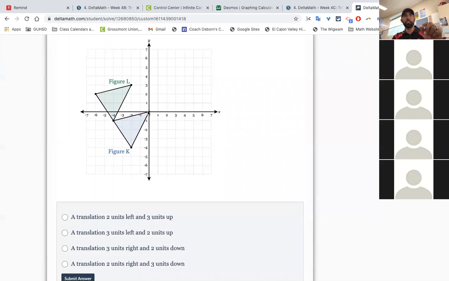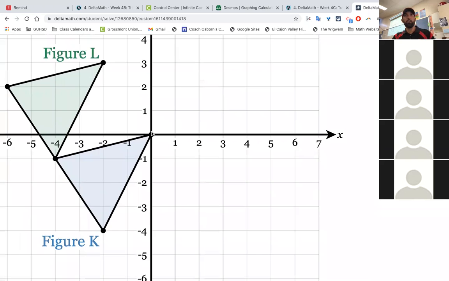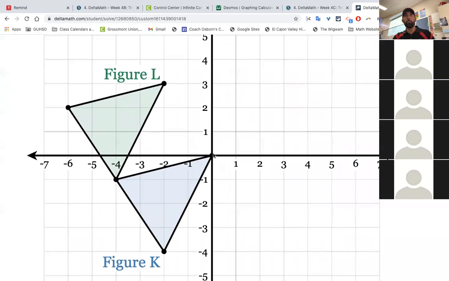If I'm looking at this point to the right in the middle, that's this point here on the new figure. So I'm going to trace going to the left 1, 2. That means a translation to the left 2 units, and then up 1, 2, 3.